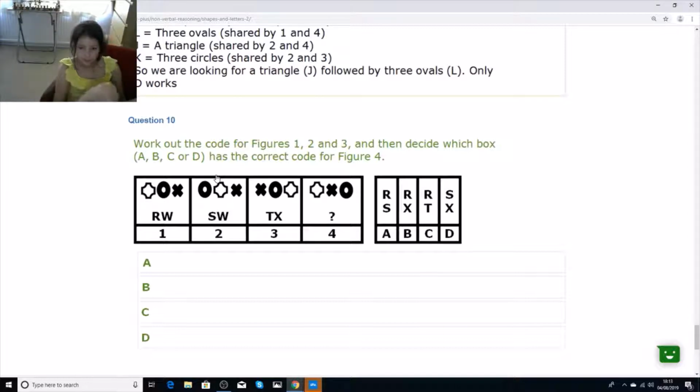So X must mean that the star, cross shape is the last shape.